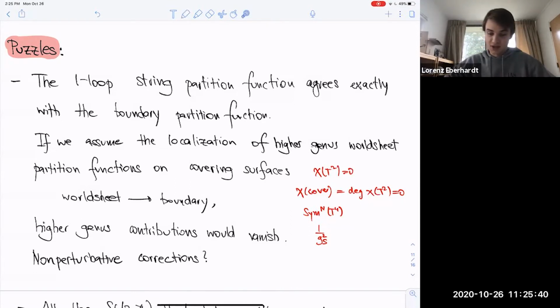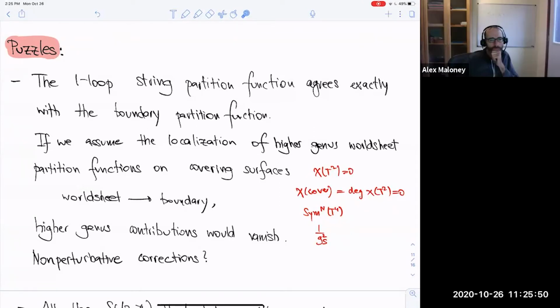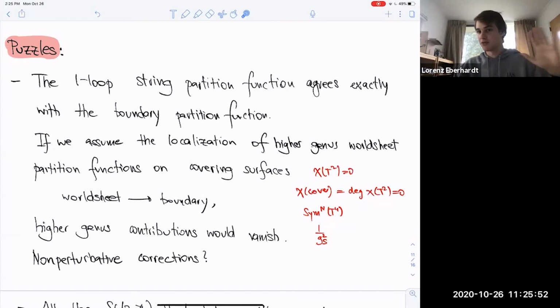I guess that's at the heart of why this works and why you can be worried about it. But I still want to go on and see, provided that this kind of picture still holds, if you add all the corrections, what kind of physical lessons you can extract from it.